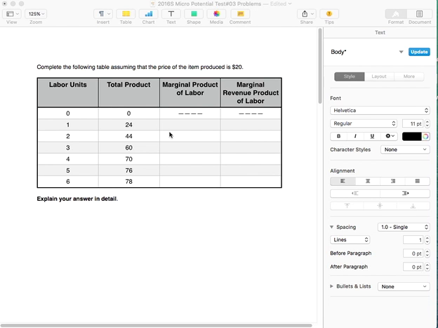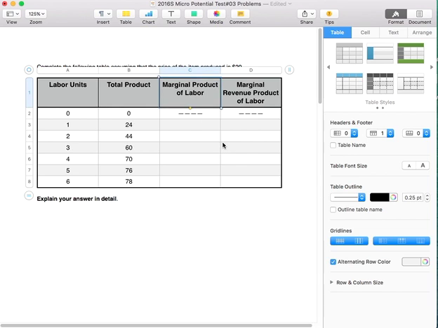The first thing you have to do is calculate marginal product of labor. So here we have a column with the labor units, and here we have the total product. So the marginal product is just going to be how much total product increases every time we use an additional labor unit. If we have no labor units, we're producing no output.